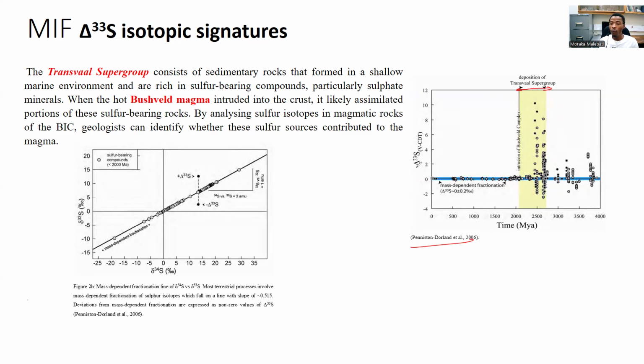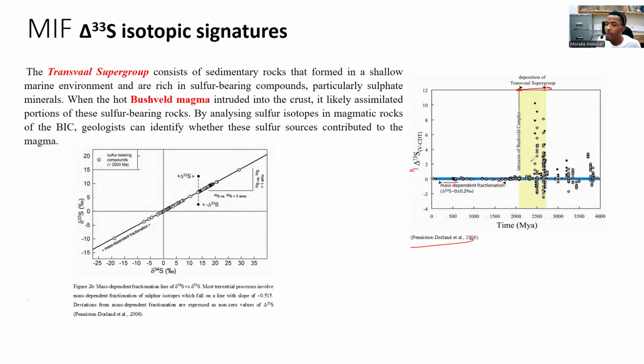She did a lot of work on the MIF, on Cap-33. Now, the early atmosphere and the modern atmosphere show mass-dependent fractionation, so the Cap-33 is right on the zero line.